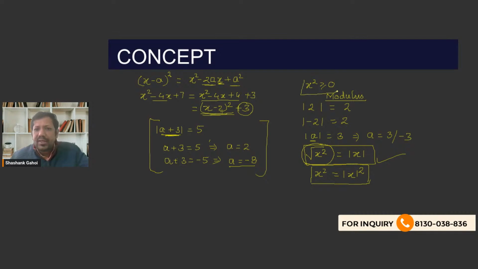And this is also one thing, that x square will always be greater than or equal to 0. It is also said that mod of x is greater than or equal to 0, because mod is defined in such a way that it can never be negative. Okay, so we are going to proceed to the questions and see how we are going to solve them.